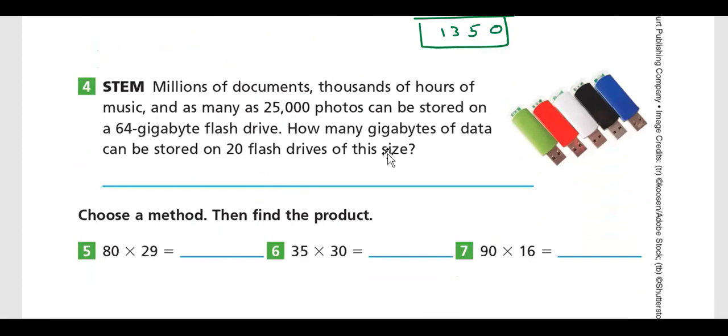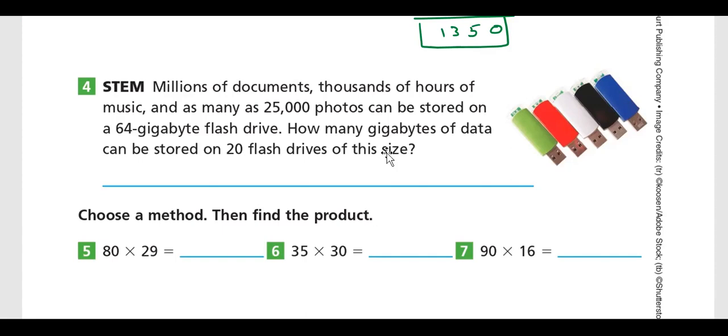Millions of documents, thousands of hours of music, and as many as 25,000 photos can be stored on a 64 gigabyte flash drive.